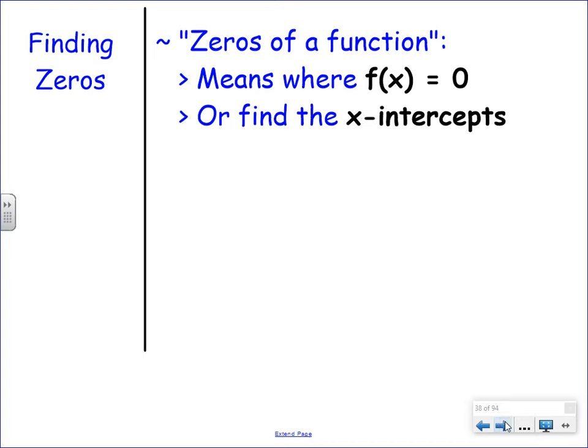Zeros. They're just like x-intercepts. Have we done this? Yeah. But instead of thinking y to 0, just think f of x equals 0. And how do we solve? Solve by factoring as much as possible, right?